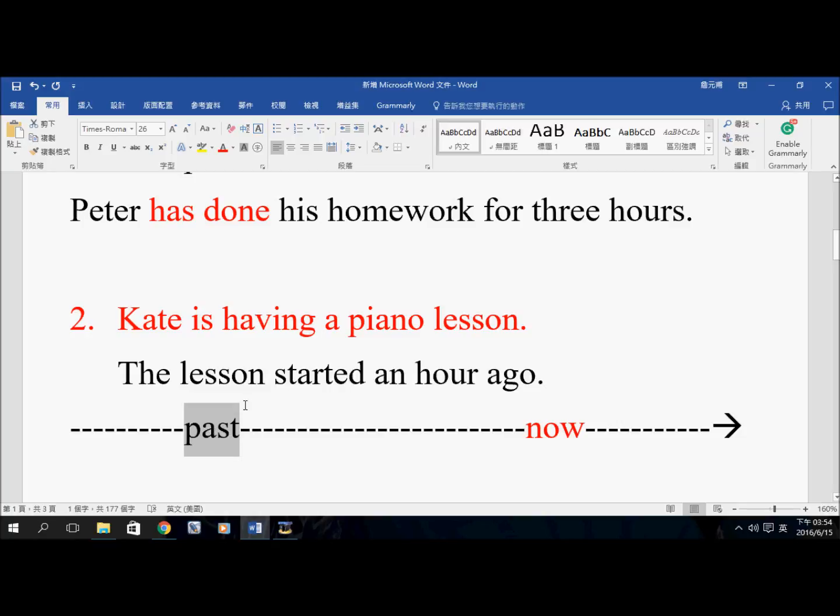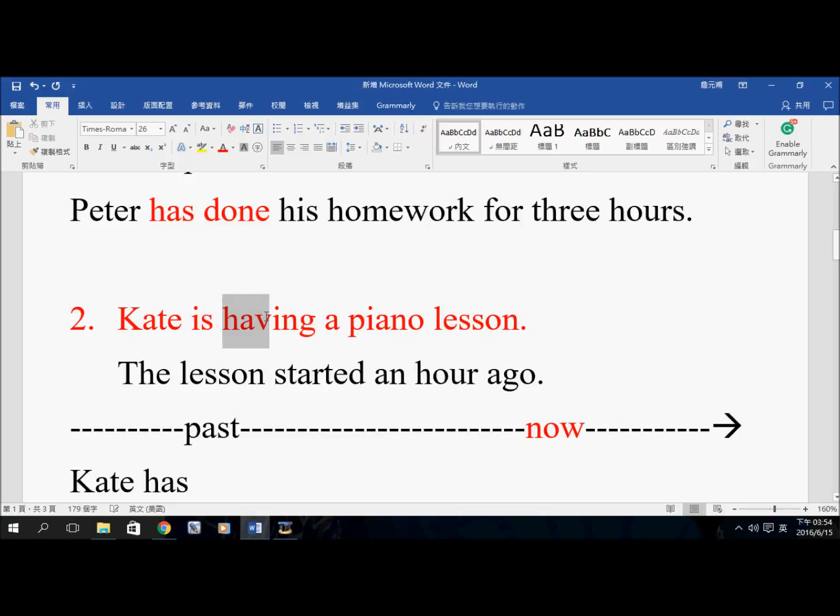So you can see that it has been an hour in between the past and now. So it started sometime in the past, and Kate is still having a piano lesson now. Again, we can use the present perfect tense for a situation like this. So we say Kate has.